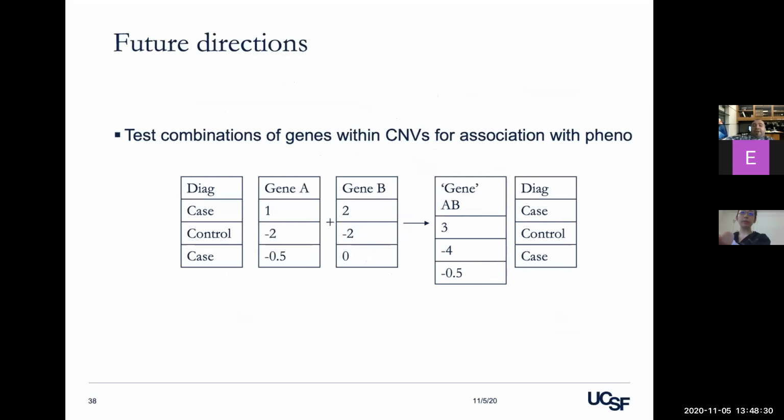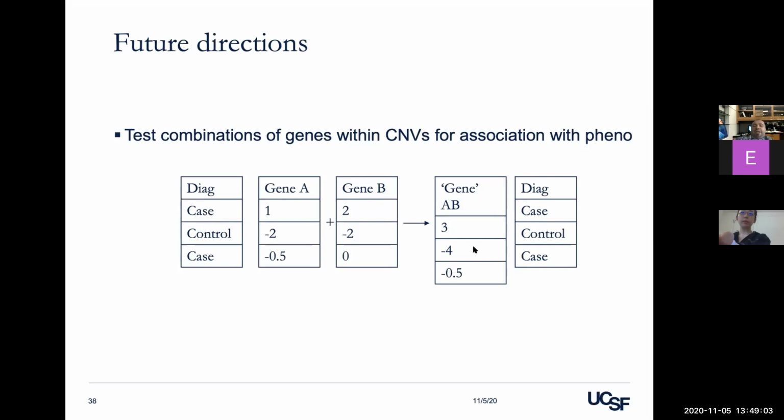The future direction now is thinking about the idea that maybe one individual gene is insufficient to cause association with phenotype. And maybe it takes genes working together to drive the various traits. So right now, what I'm basically doing is making these combined genes.